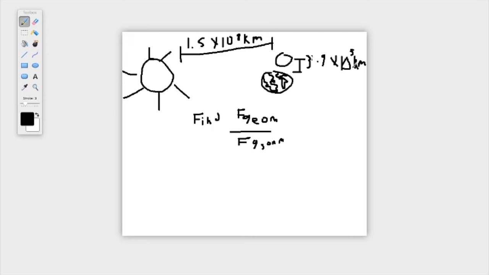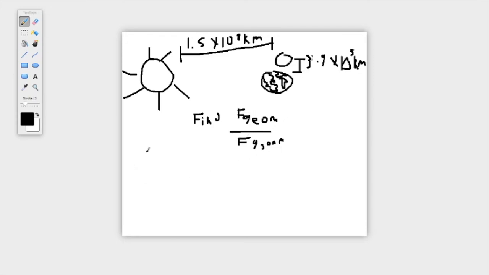What we're trying to find is the ratio of the force of gravity of the earth on the moon over the force of gravity of the sun on the moon. So basically we're just trying to divide Fg E on M over Fg S on M.